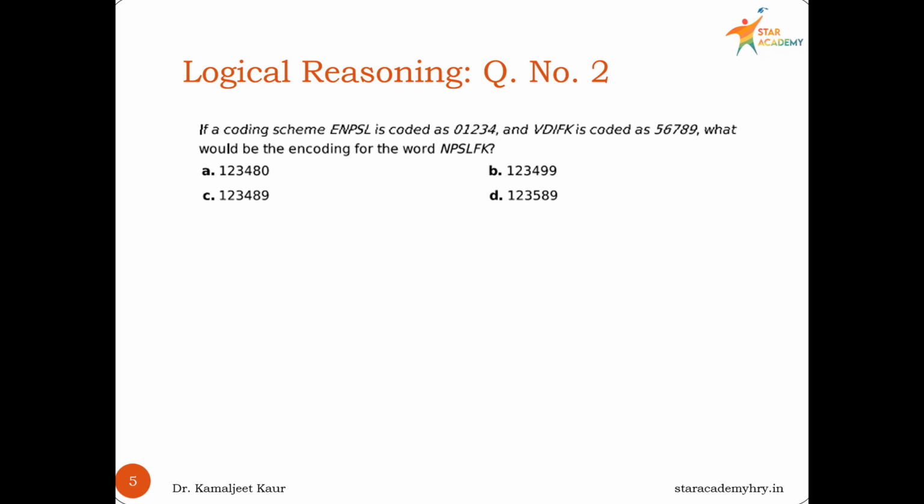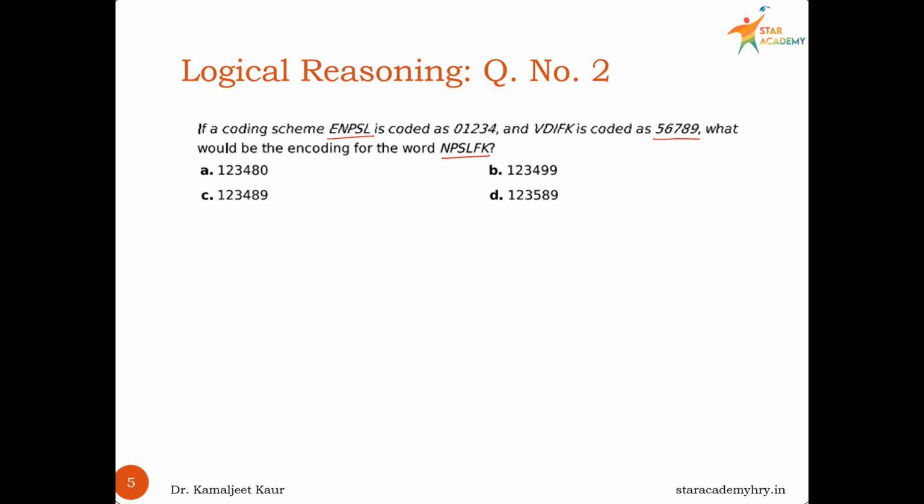The next question is: if the coding scheme ENPSL is coded as 01234 and VDIFK is coded as 56789, what would be the encoding for the word NPLS SLFK? Here this has nothing to do with the alphabetical order of the numbers.